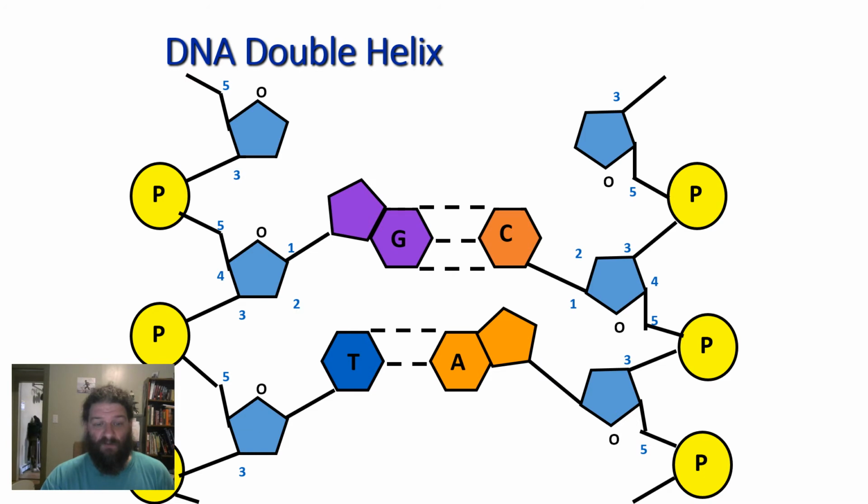Now, the reason why I have these dotted lines here between the G's and C's and T's and A's is because these bonds are different from these bonds. Now, again, this is where it's really helpful to have talked about chemistry in class before we start getting into DNA chemistry, but it is what it is. Hopefully this will help you understand it when we get to it in regular bio a little bit better.